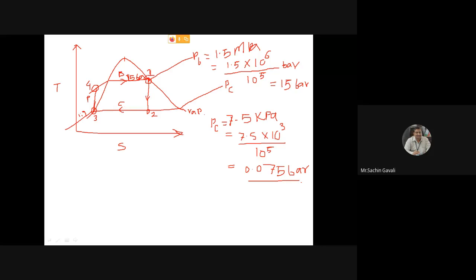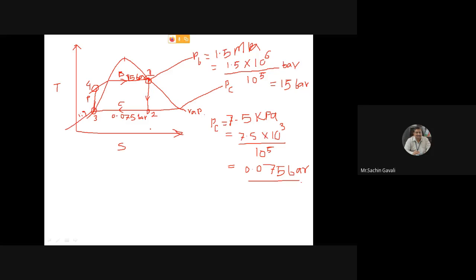It contains the pressure. We will write 0.075 bar. Everybody got these conversions?